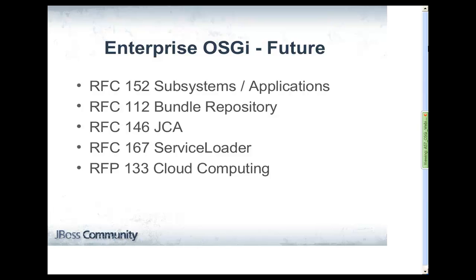Another important one that we're currently working on is RFC 112, the bundle repository. This is similar to a Maven repository in a sense, except that it allows you to look up artifacts by specifying a query in terms of OSGi generic capabilities and requirements.